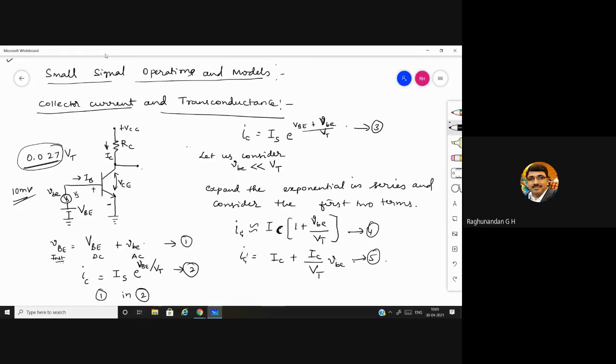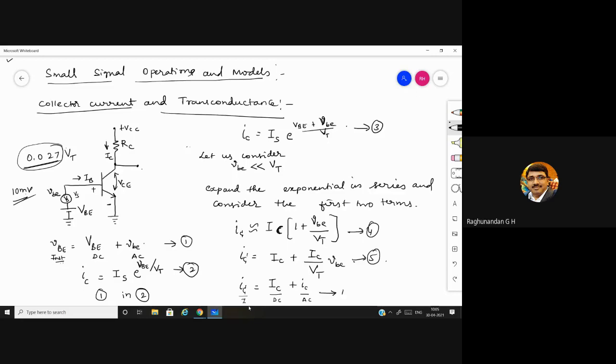Now compare this with our basic instantaneous collector current equation, which is capital IC equal to capital IC plus small ic. This is the instantaneous current, this is DC, this is AC.